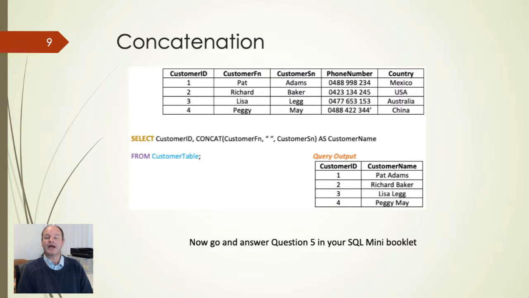These being customer FN, that's customer first name, and customer SN, customer surname, and put the output under a new field called customer name. Take note of the commas and speech marks on the select row. This is to ensure that there will be a space between the first name and surname.